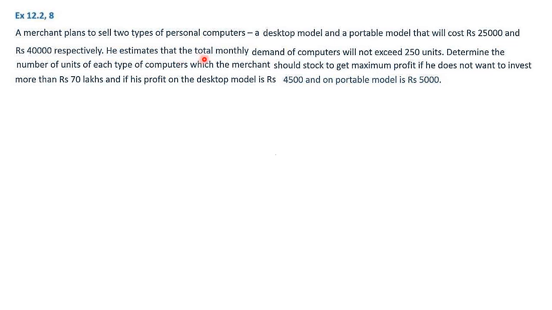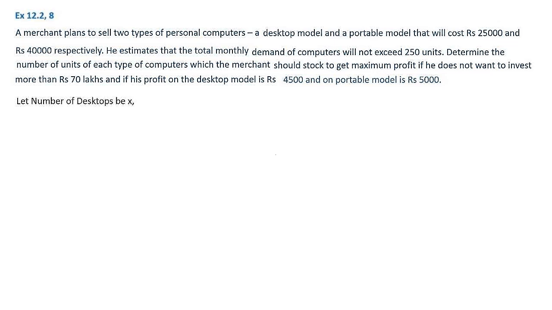And he estimates that the total monthly demand, so maximum demand, will not exceed 250 units. And determine the number of units of each type of computers which the merchant should stock to get the maximum profit if he does not want to invest more than rupees 70 lakhs. So his investment is within rupees 70 lakhs. And profit on each type is given. The first type it is 4,500 and the portable model, that is the second type, it is rupees 5,000.